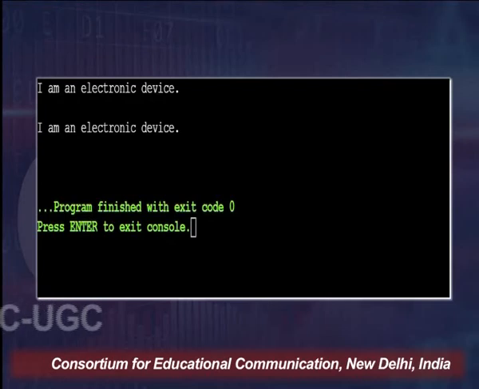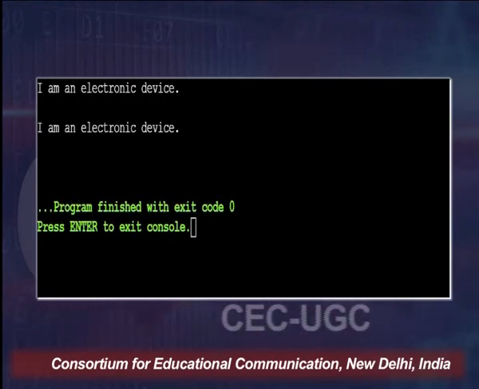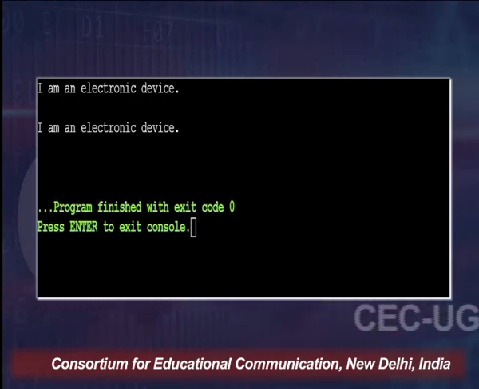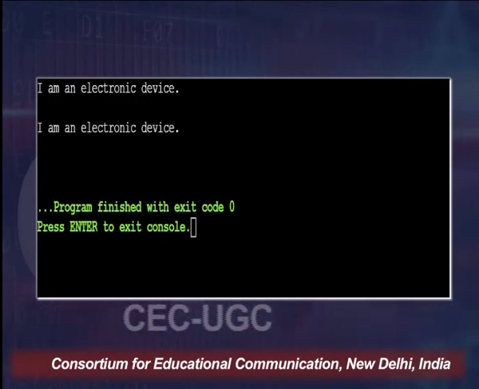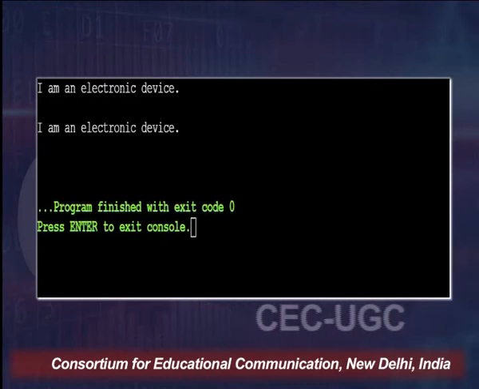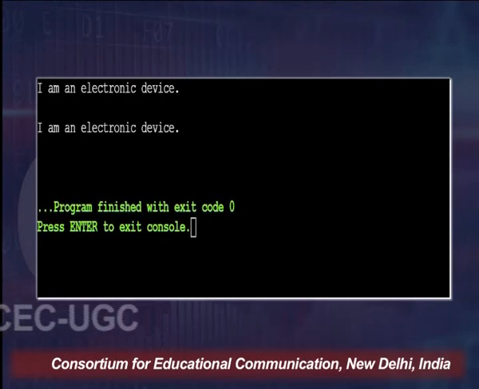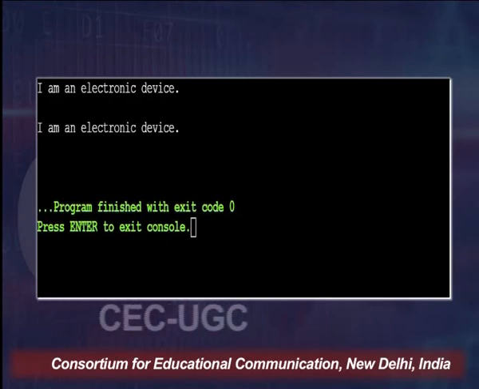So in hierarchical inheritance, till this point what we have seen is one base class, let us say class A, and this class A is being inherited by two different classes, class B and class C. This particular scenario is the opposite of multiple inheritance.